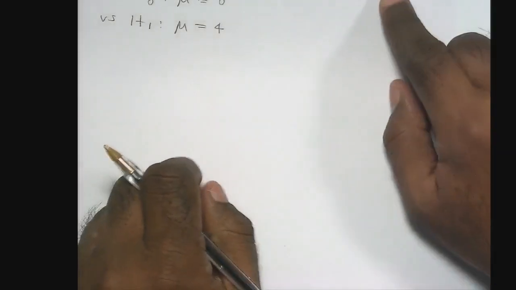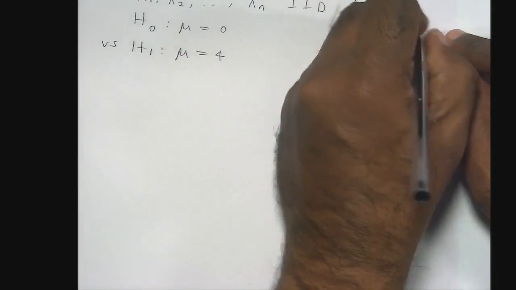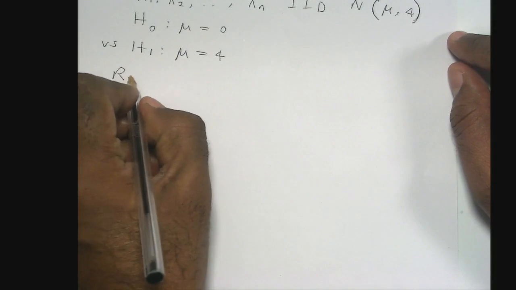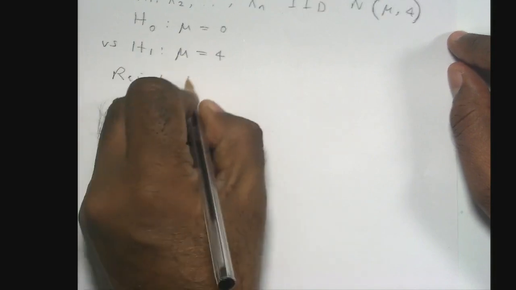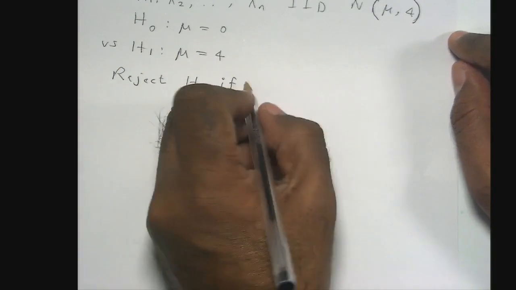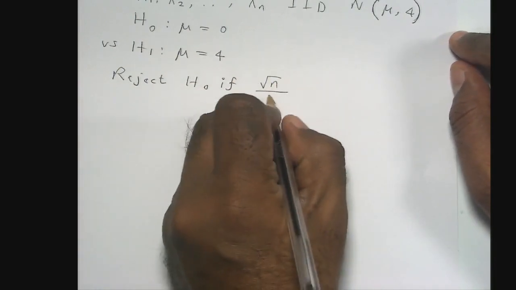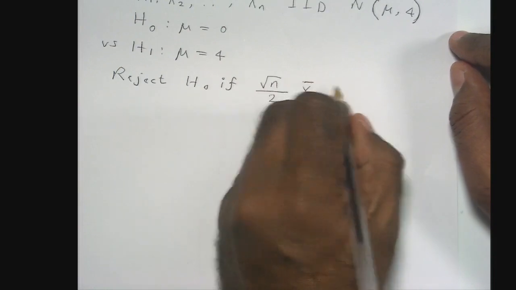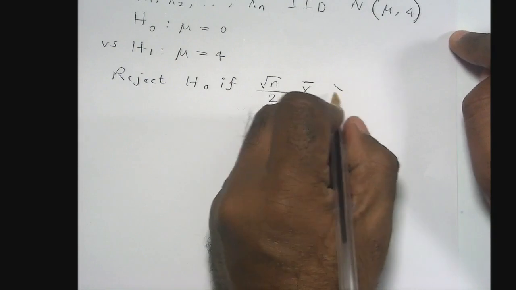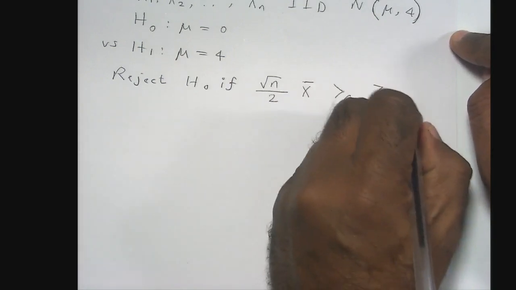Now you have a random sample from a normal distribution with these parameters, and we are testing this versus this. We reject the null hypothesis, according to equation 9.5, if root n divided by sigma, which is 2, times x bar is greater than or equal to z 0.05.